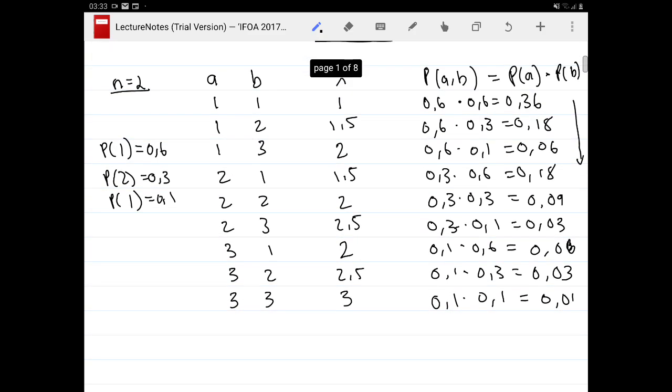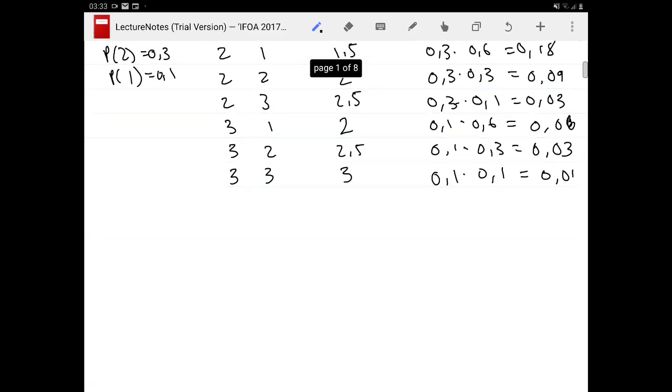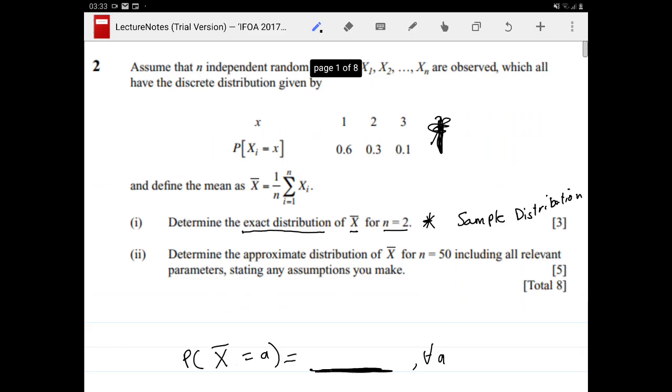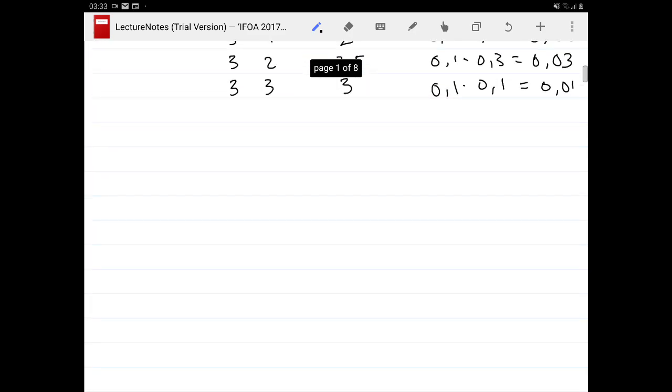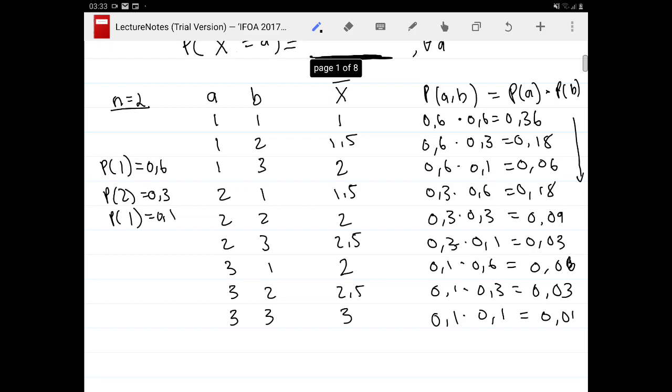And so now we have every single possible outcome of x bar, and we have the probability associated with it. So now we can write a probability distribution. So we can call this our small x bar values, and we can say, okay, what are the possible values that x bar can be?